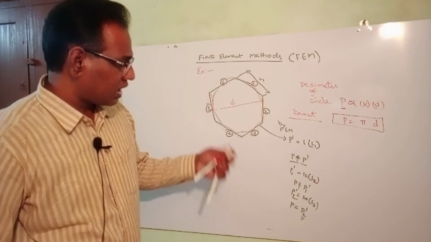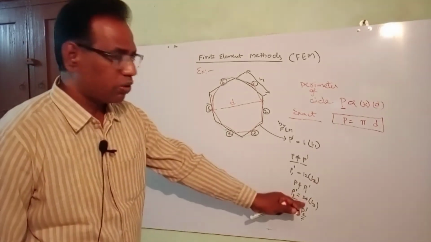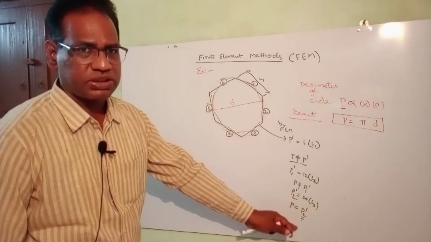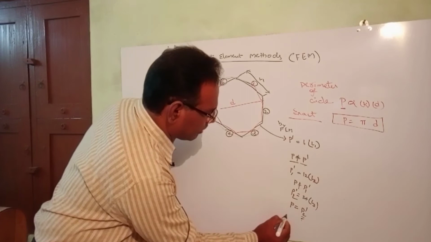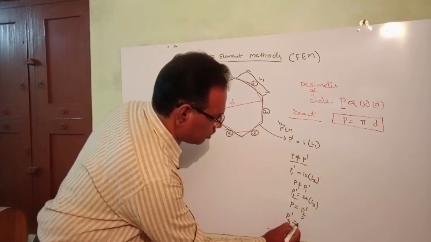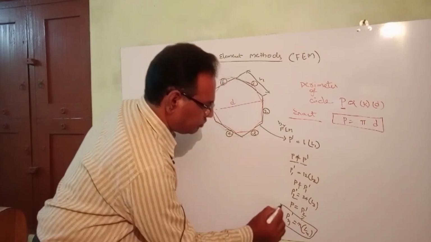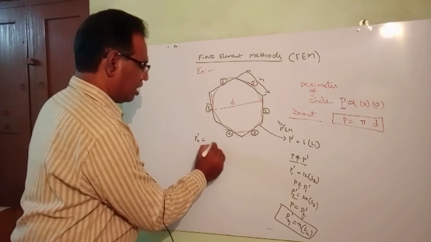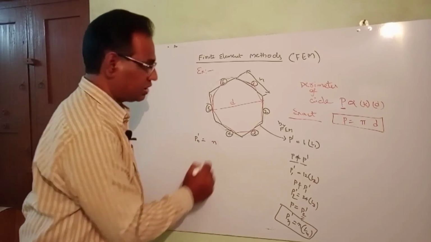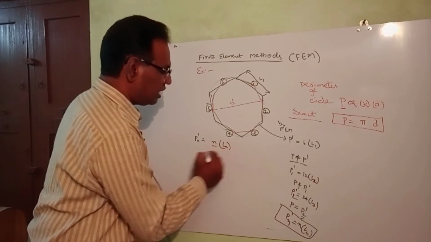Even if you increase to P3, P4, P5 like that, with 24, 48, 56, 128, 212 segments, and so on, Pn dash equals n into Ln, where n is the number of line segments and Ln is the length of the line segment.